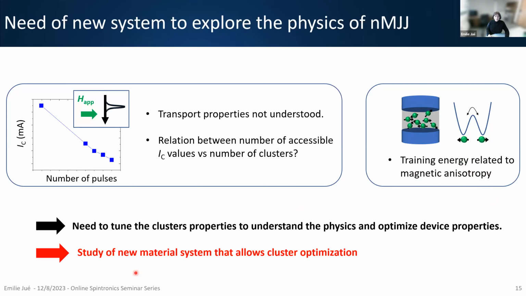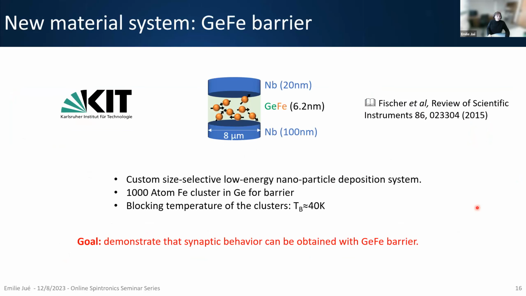Unfortunately, it turns out that silicon manganese is not the ideal material system for nanoclusters optimization. So we want to work with a different material system. For that, we work with the Karlsruhe Institute of Technology, who owns a custom deposition system, which allows a very fine tuning of cluster properties.